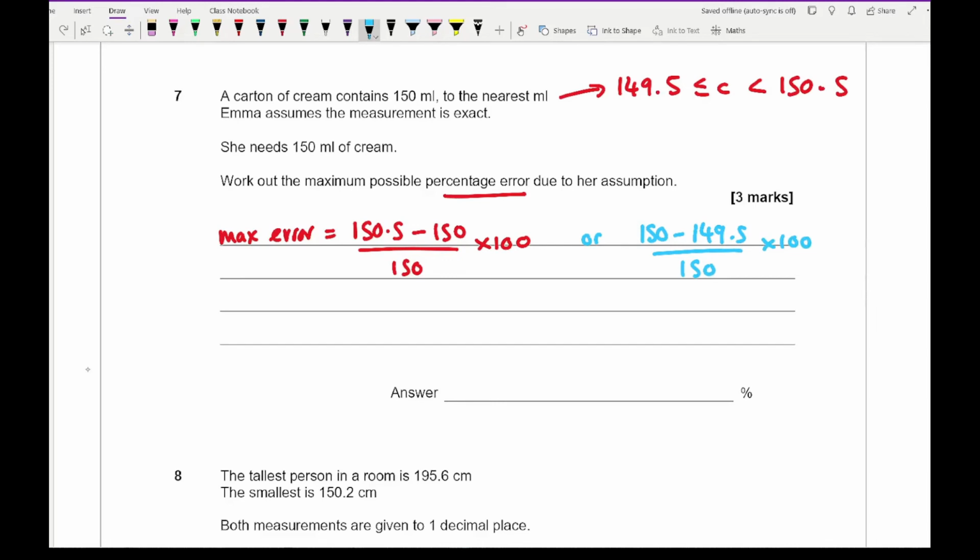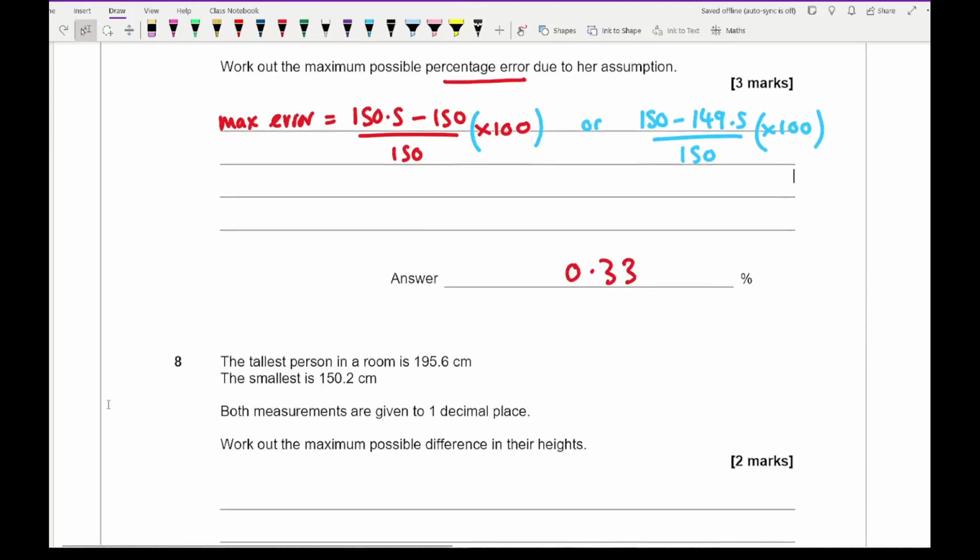Both of those are going to give you 0.5 over 150 times 100, which simplified gives you 0.33. Now, although the answer looks very similar, you might be tempted to think, oh, that's 33%. The reason why it's not is because we've already multiplied by 100, which means that our answer is the percentage and we don't need to convert that decimal into a percentage.